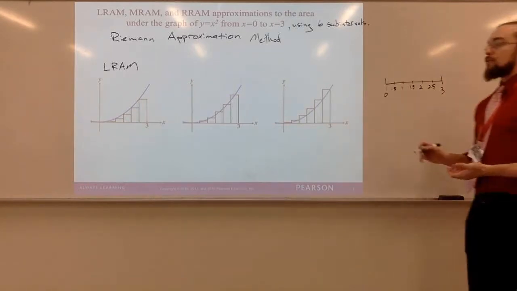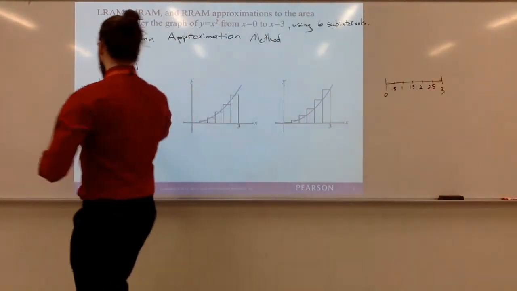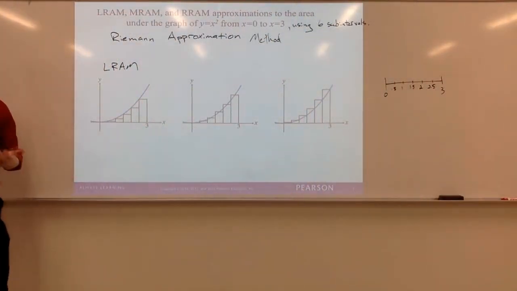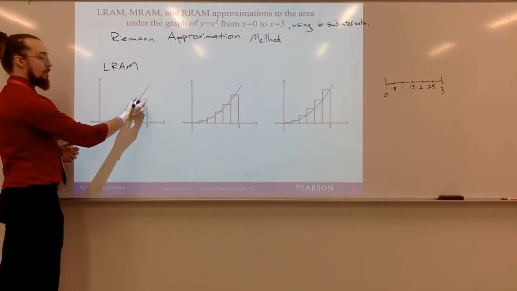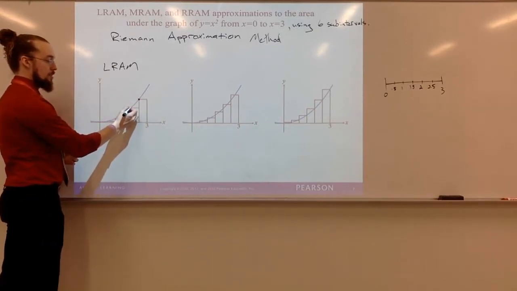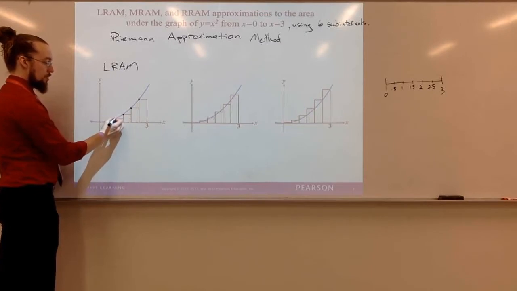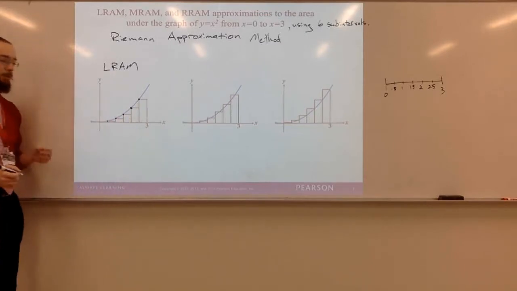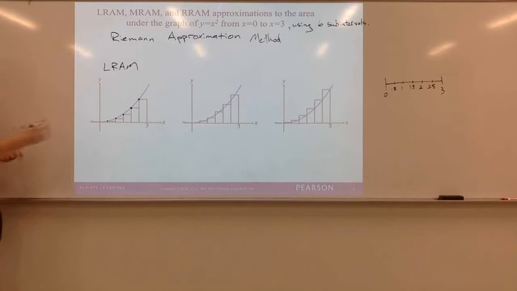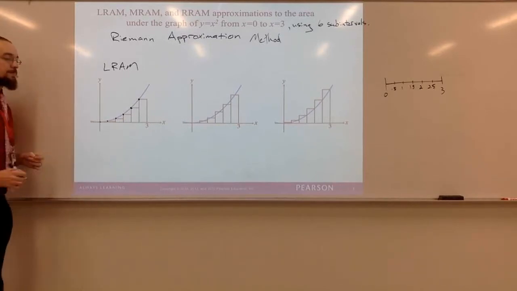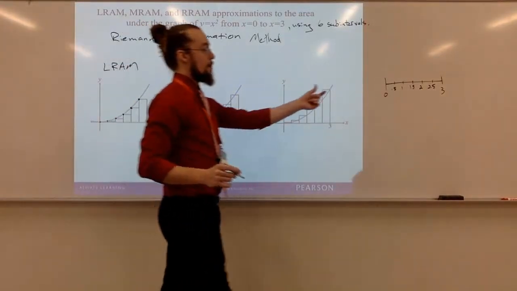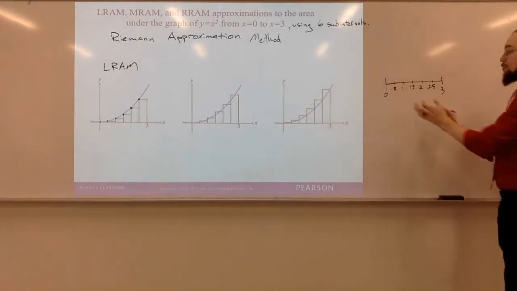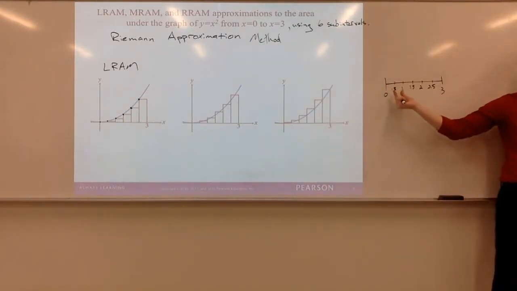So now, this first approximation method, the left Riemann approximation method, means when I draw my rectangles, the height is determined by the left endpoint hitting the curve. So my first rectangle is between 0 and 0.5.